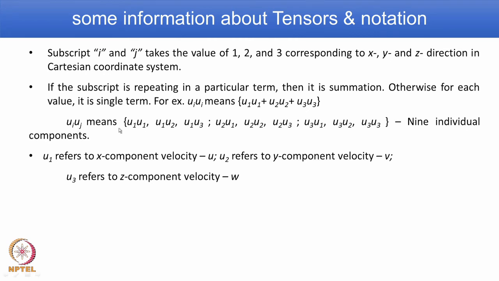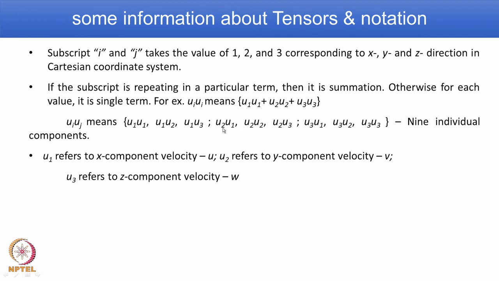So, u1 u1 means i is 1, j is 1; u1 u2 means i is 1, j is 2; u1 u3 means i is 1 and j is 3. You can observe each term is independent.